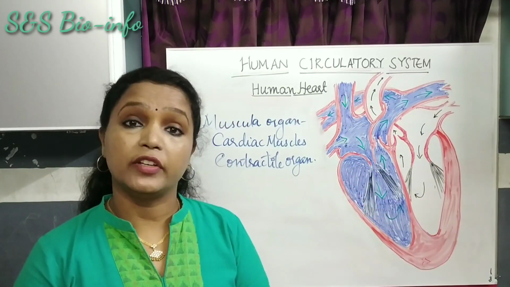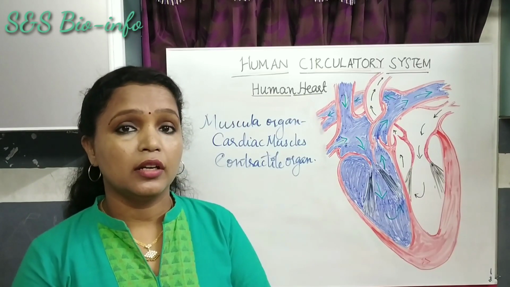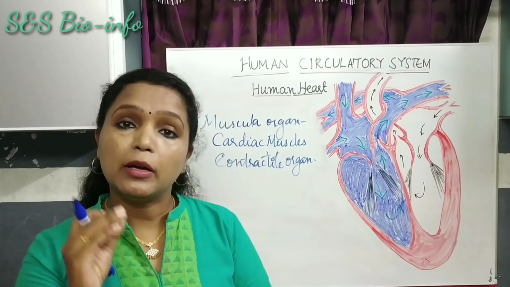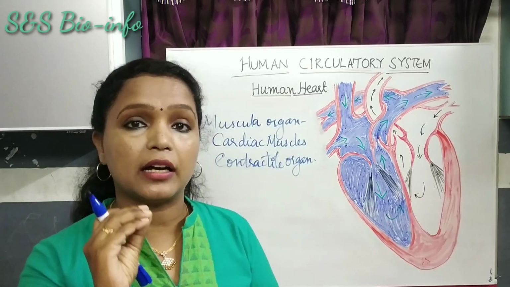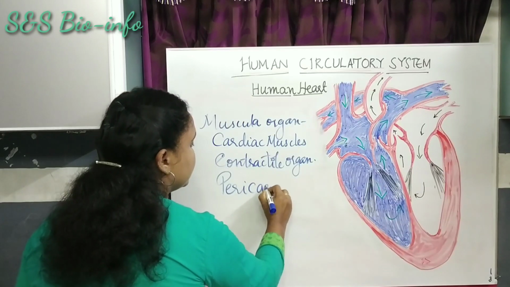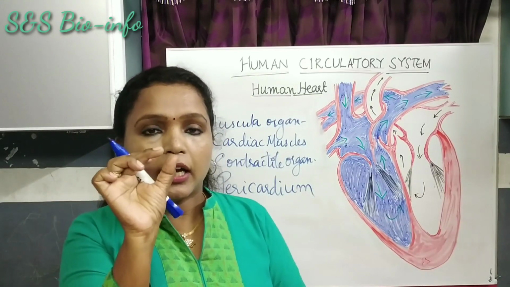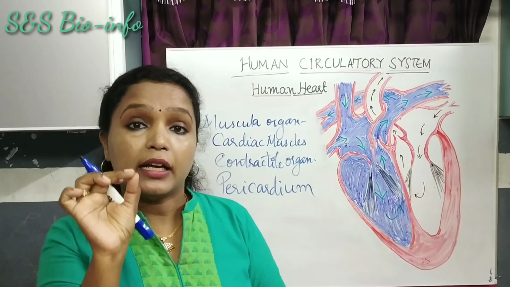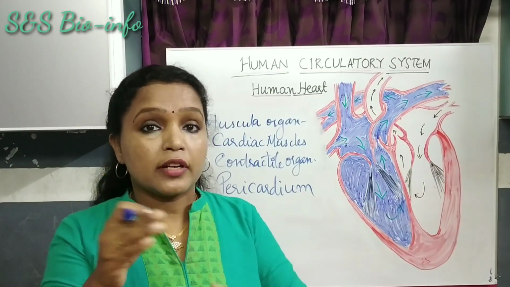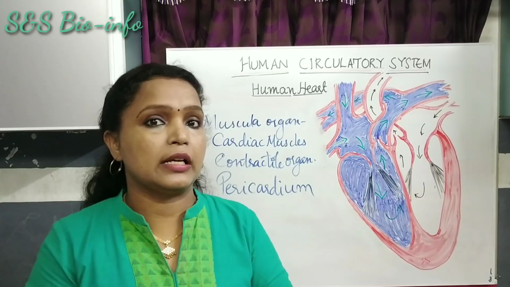As our heart is very important organ, very thin organ or delicate organ, it is protected by double membranous sac called pericardium. These pericardial sacs contain pericardial fluid, which reduces the friction between the heart and the other organs of the thoracic cavity.